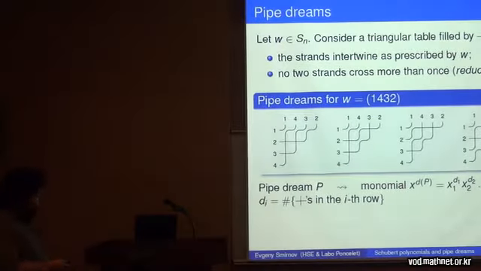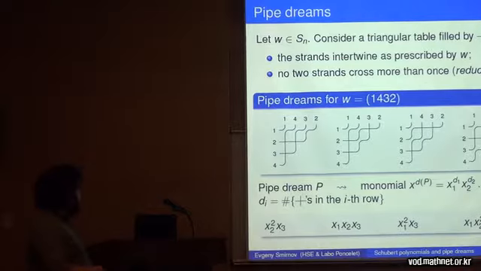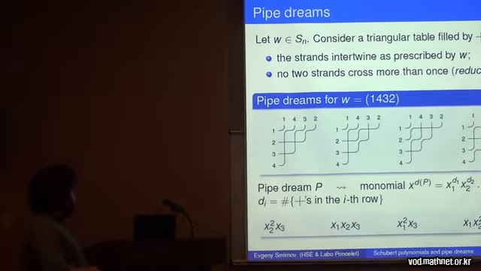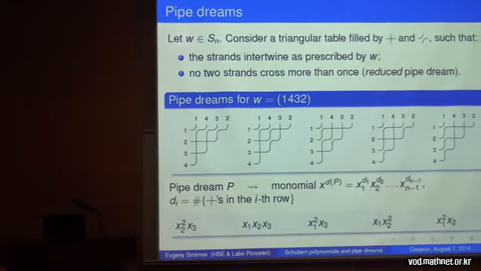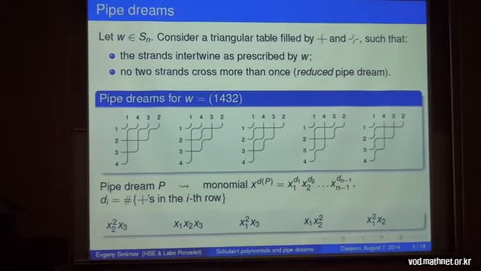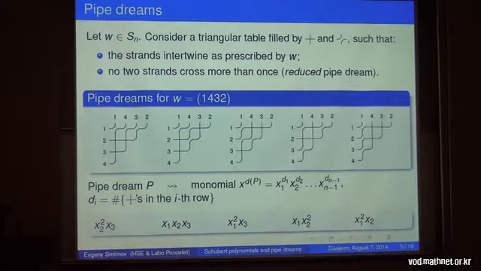So for each of these pictures, I have a monomial. So for instance, for the third one, I have 2 crosses in the first row, no crosses in the second row, and 1 cross in the third row. So my monomial is x1 squared times x3. Is it true that you get distinct monomials?